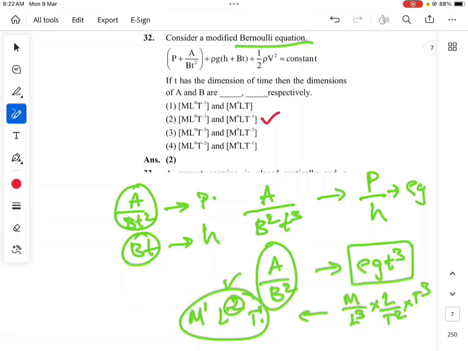Only T you need to check, because in all of them M and L have similar dimensions. M power 1 here, everywhere M power 1, L power 0, all of them. Here M power 0, here L power 1. So you just have to take T and check which one of them will give you T power 1. That's the answer. That's it.